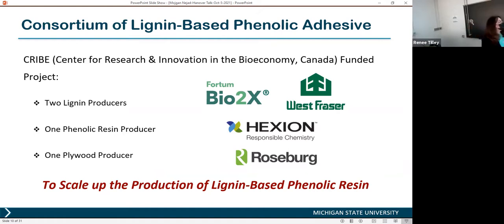I have two lignin producers, Fortum from Finland and West Fraser from Canada, and Hexion, which is the major producer of phenolic resin in the world. They are interested in our technology. We're going to work with them so they can scale up our developed technology to make lignin-based adhesives, and we're going to try it on the manufacturing line of plywood in Rosebeck by 2023.